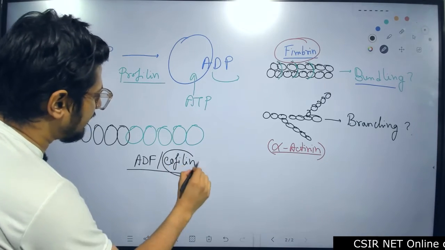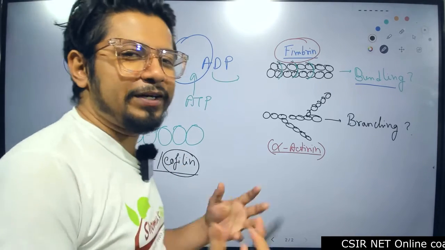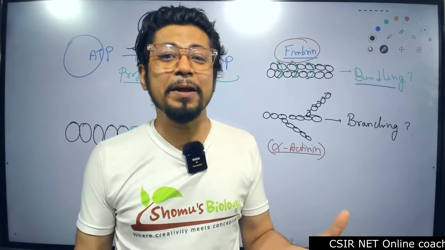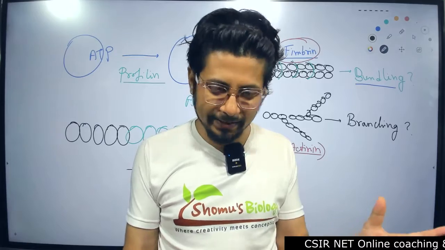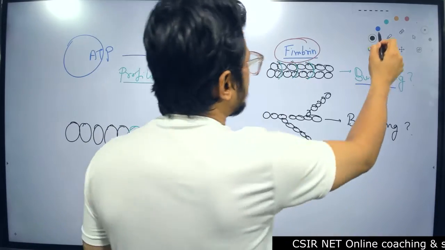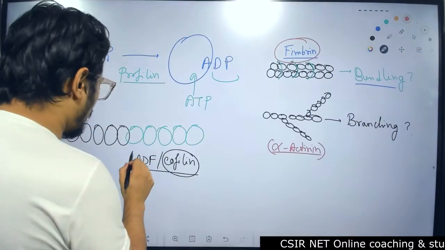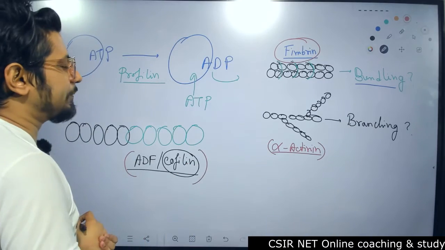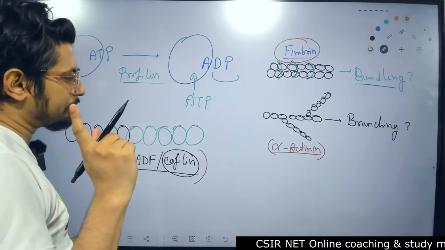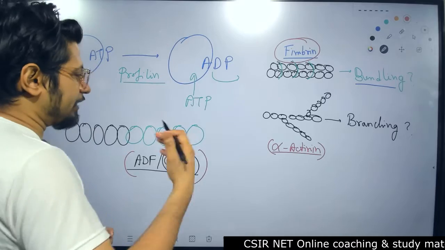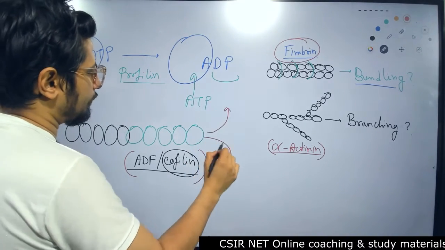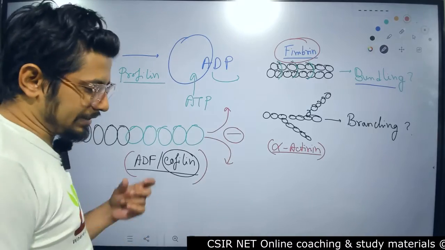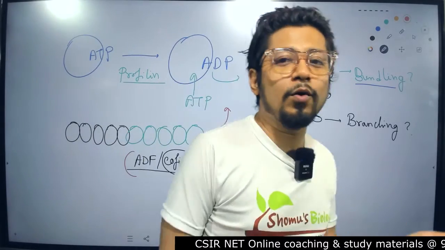Cofilin protein doesn't like microfilaments, they don't like actin filament, they always try to destabilize it. So ADF cofilin is the protein complex that is involved in the process of actin filament depolymerization. It always wants the actin to shed off from the minus end. That is the important feature of cofilin.